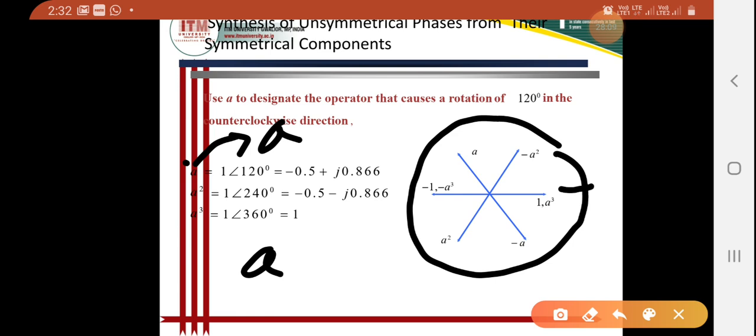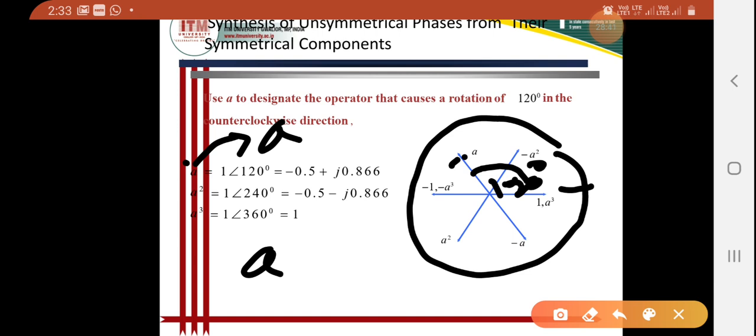From this, A is 120 degree rotation in the counterclockwise direction. So this is 120 degree rotation from the reference phasor.